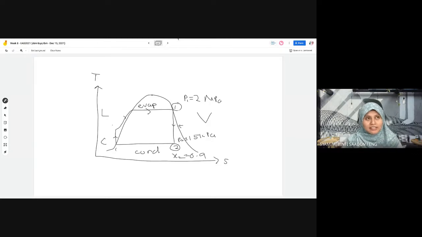Quality means that 90% of the steam is in vapor phase, and only 10% is in liquid phase. So when it's mentioned here that the quality is 0.9, we understand that point 2 has to be really near the saturated line. Maybe it's actually like here, really close to the saturated vapor line, nearly becoming fully vapor.